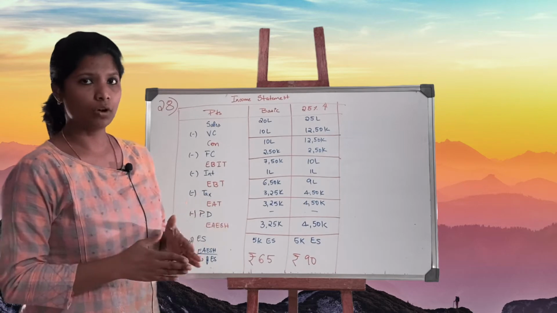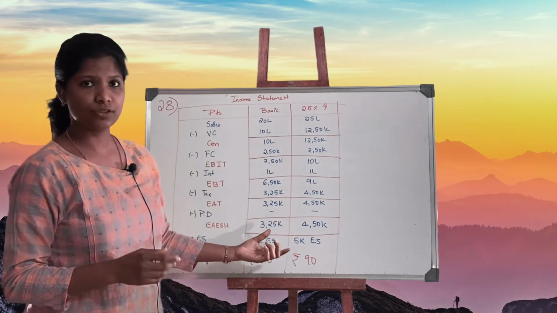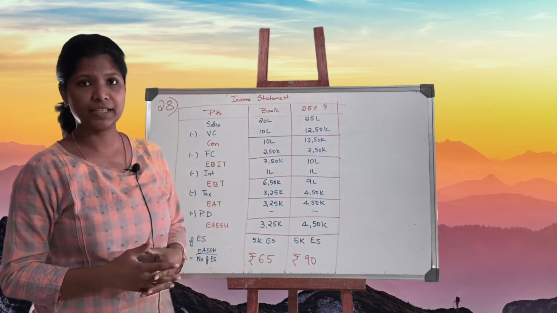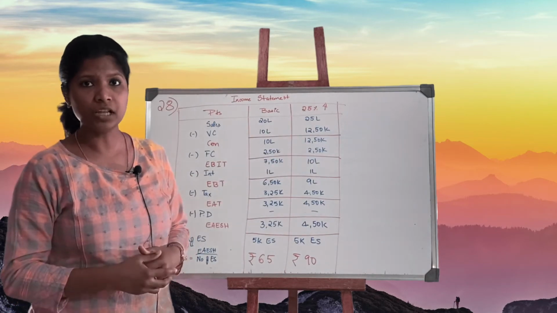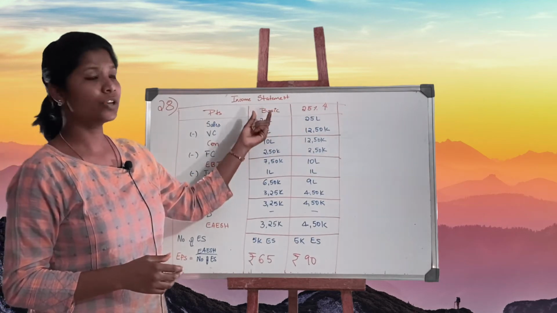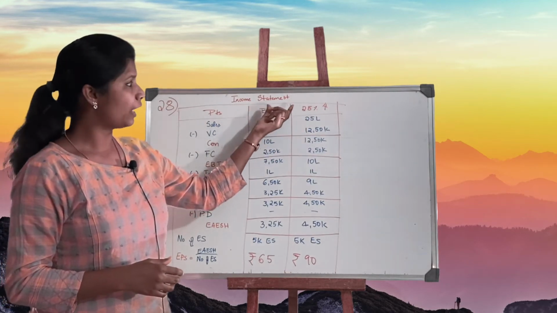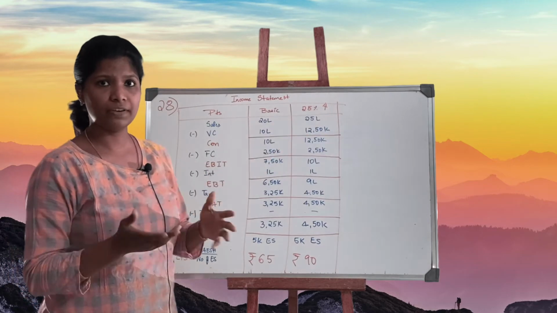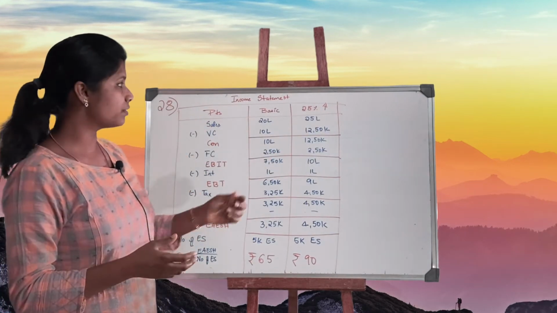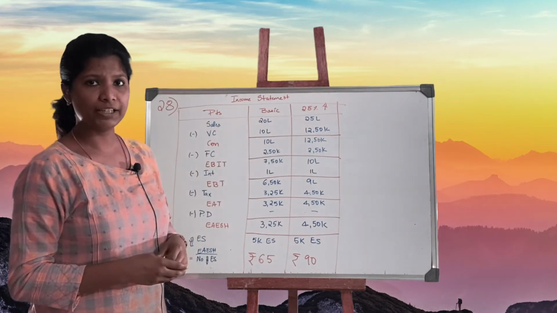As I told, 2 columns: there is basic sales when you are making 2 lakh units of sale and then increase of 25%, that is 2 lakh 50,000 units sold. Either you can write this as heading or you can just write 2 lakh units sold and 2 lakh 50,000 units sold, whatever is comfortable to you. Now sales as we found out in working notes, 20 lakh and 25 lakh.